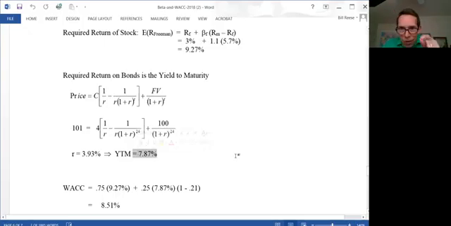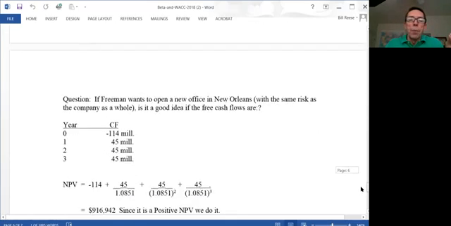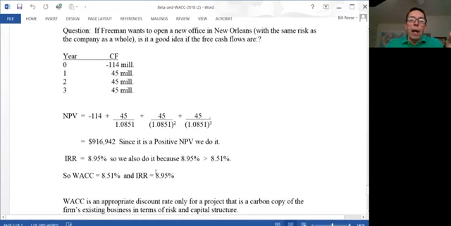We're giving them 7.87%. That means there's going to be 9.27% available for the stockholders. Students miss this sometimes. They say, wait a second, we've got an IRR of 8.95%. The project's making 8.95%. Why are the stockholders wanting to do that project?